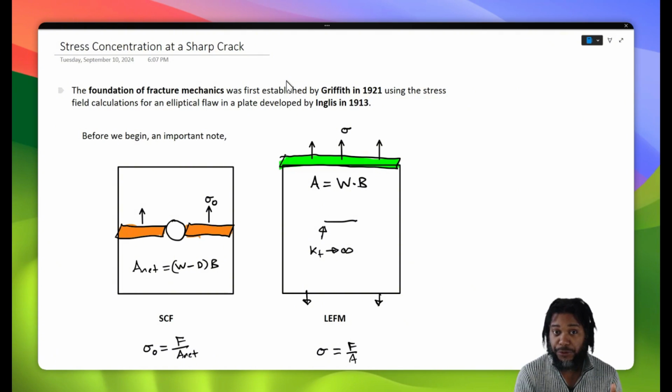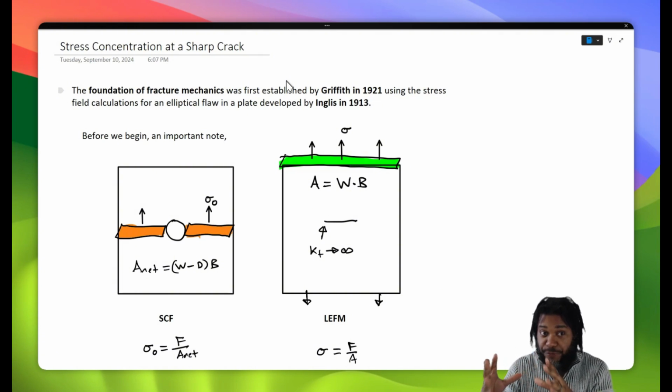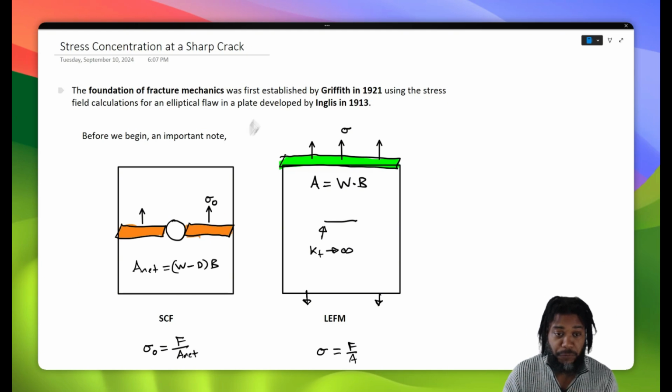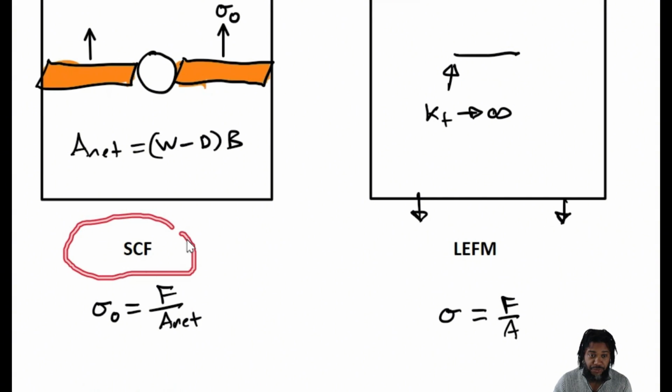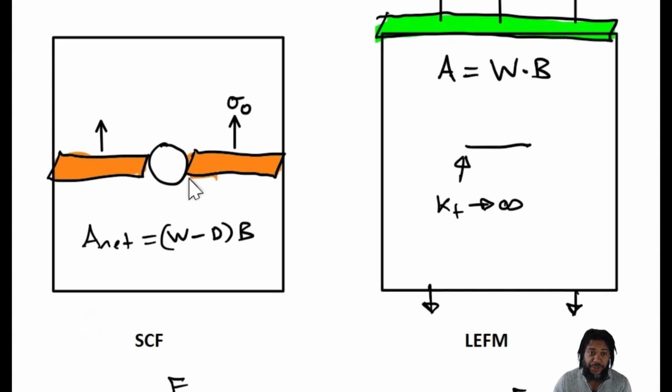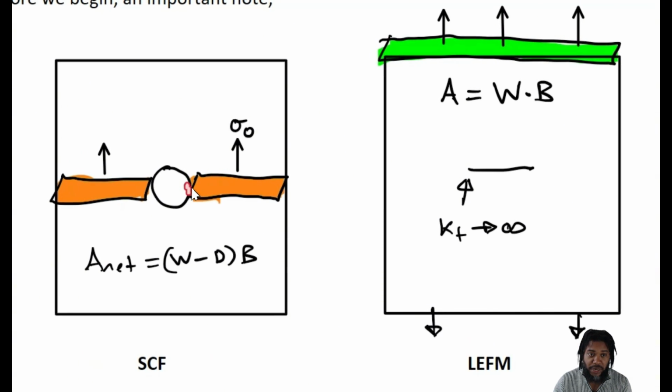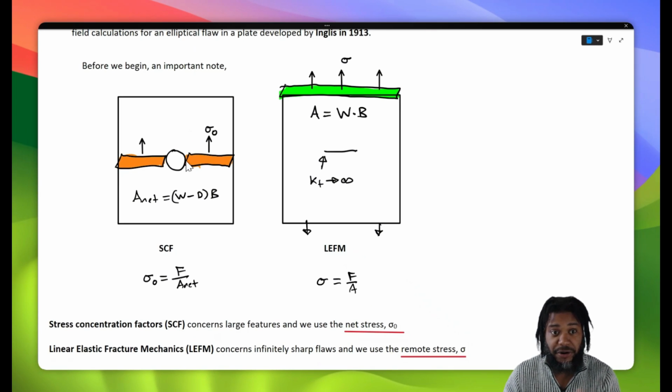Now, before we get to that derivation and the foundations of fracture mechanics, let's note the difference between the stress concentration factor approach that we've already learned and the fracture mechanics approach that we're going to learn. With the stress concentration factor, we are concerned with what is the maximum stress at our concentrator, at our defect in our structure.